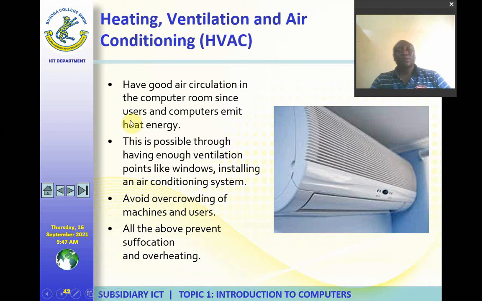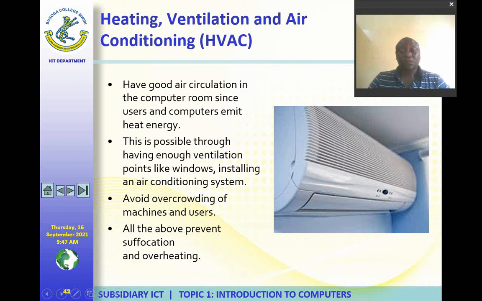Now, have good air circulation in the computer room, since users and computers emit heat and energy. This is possible through having enough ventilation points like windows, and installing air conditioning systems. Also avoid overcrowding of machines, putting them together, and even the users.